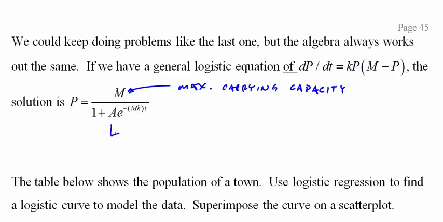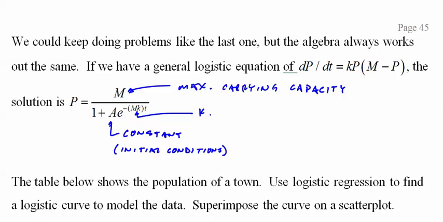A is going to be a constant. You'll get it from initial conditions. And K is also going to be a constant. They're both positive constants.